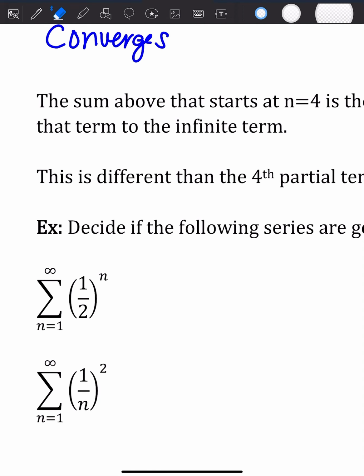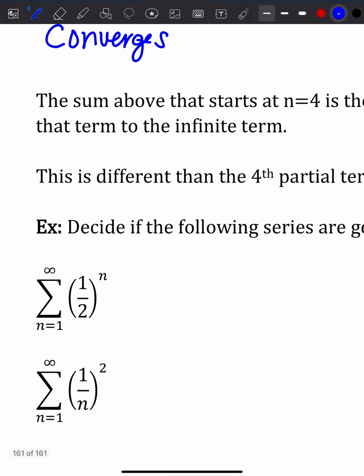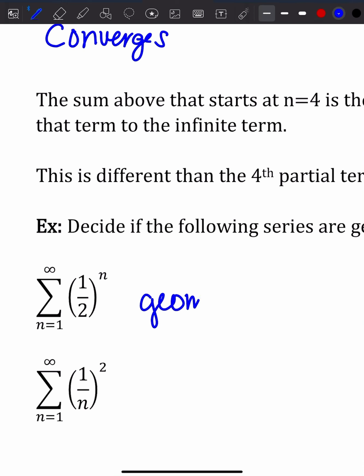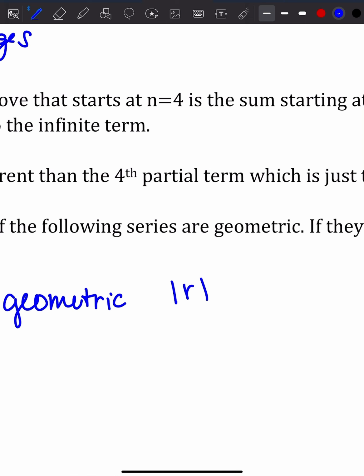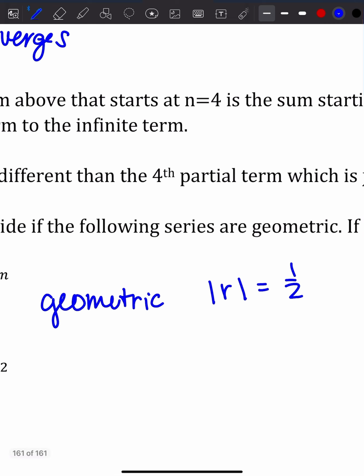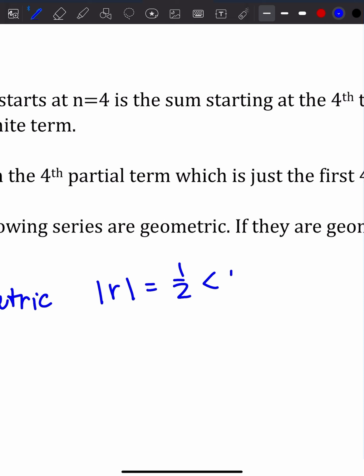So we have 1/2 to the power of n. This is a number to a power, so this is geometric. And its r value, the absolute value of r, is equal to 1/2. Because it's 1/2 to the n, this is less than 1, so it converges.